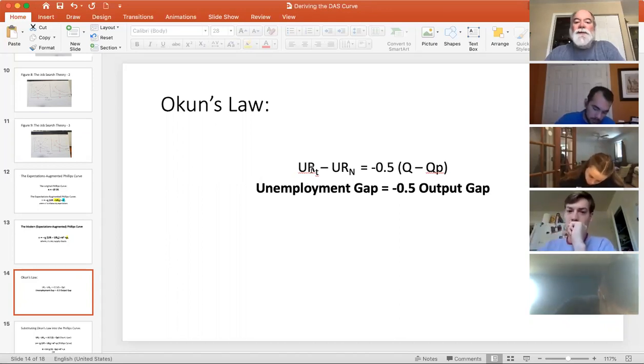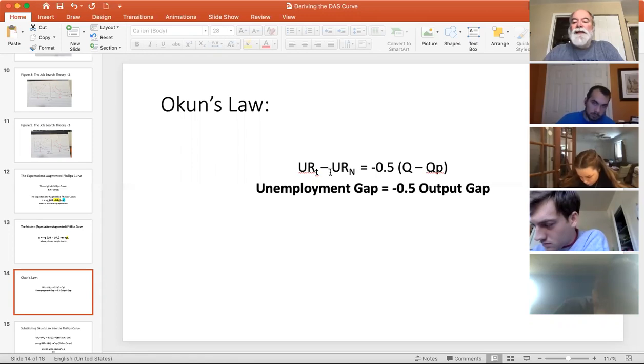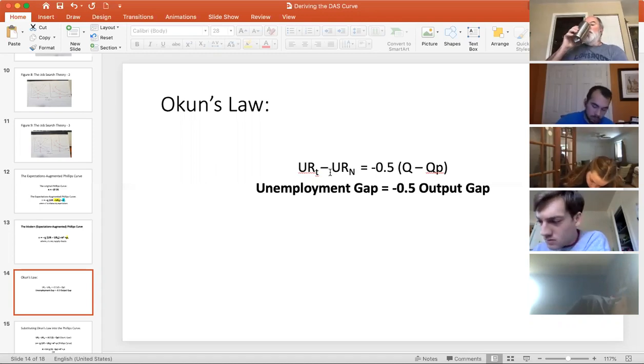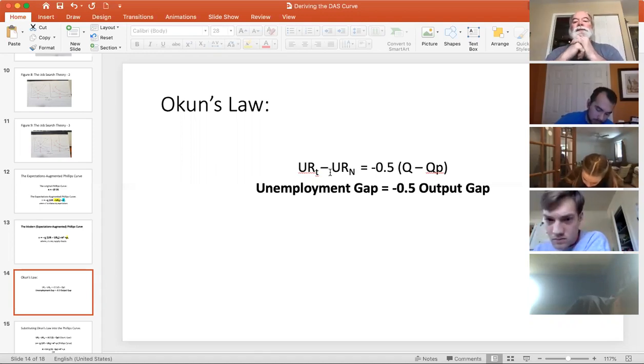So, let me say it this way: when GDP rises 1% above potential, unemployment falls 0.5% below the natural rate. So it's basically a 2-to-1 relationship.